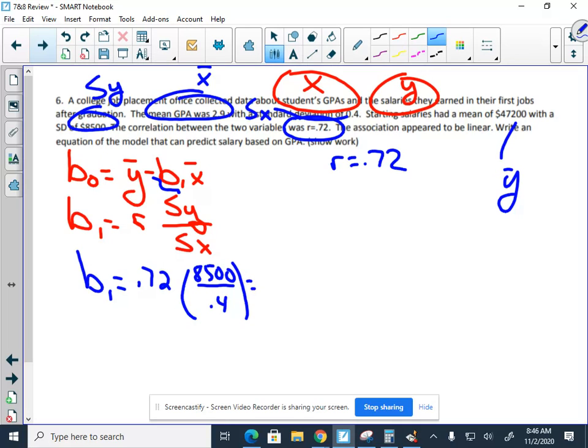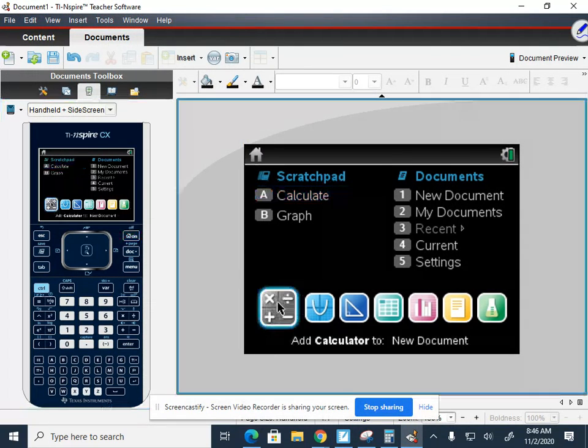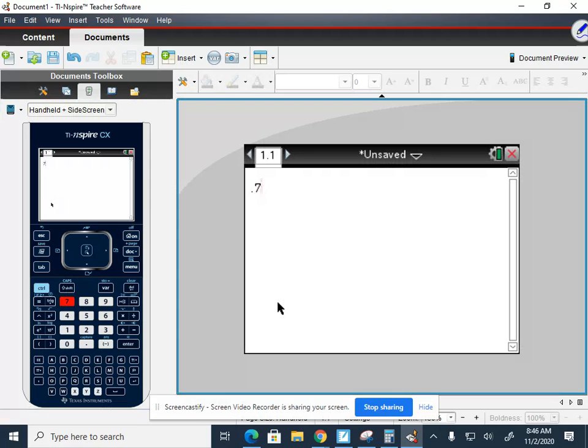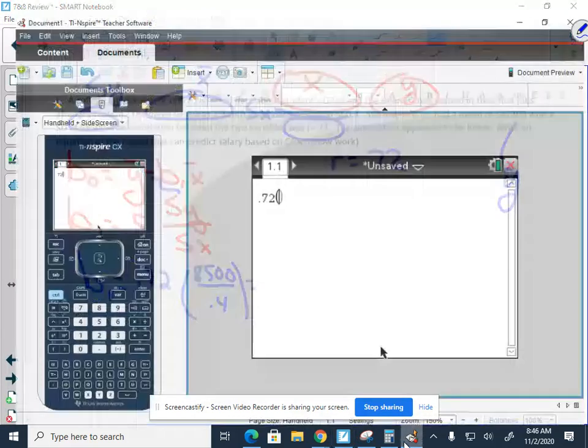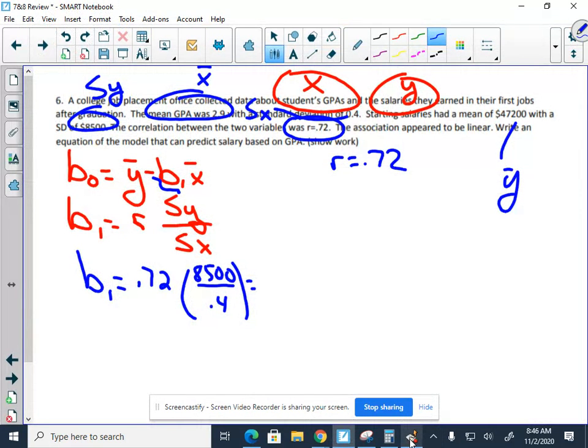So we grab our calculator. If I do mess up, somebody please correct me. Don't let me keep doing it wrong, but I get 15,300. Is that what you agree with? Okay.